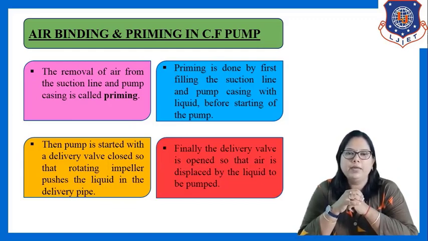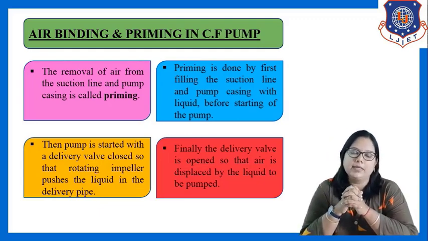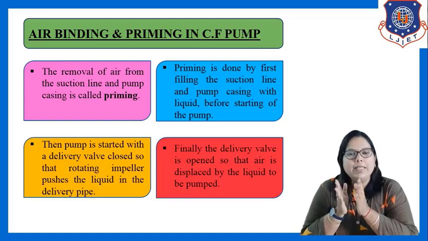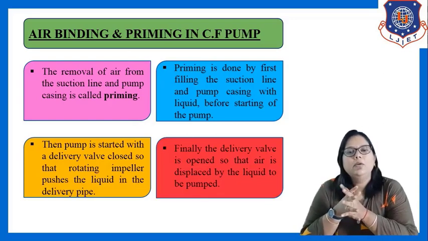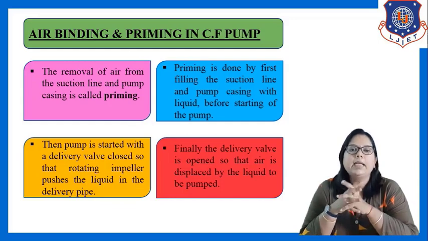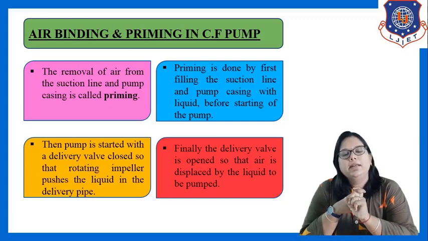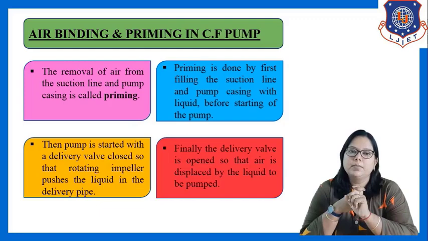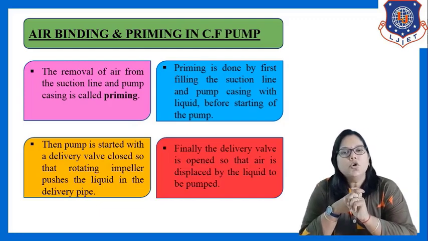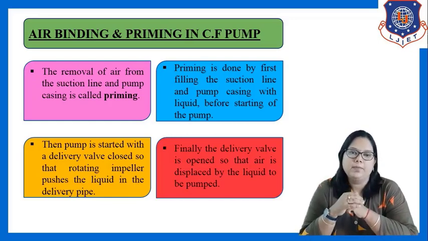Got my point? So air binding and priming are interrelated. So in short, when air enters the impeller, pressure is reduced in the pump impeller and the liquid cannot be delivered to the discharge line. So to remove this air binding, or to remove the air from the suction line, the pump needs priming.